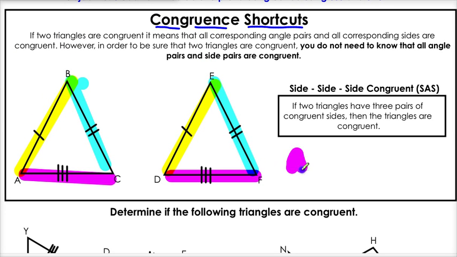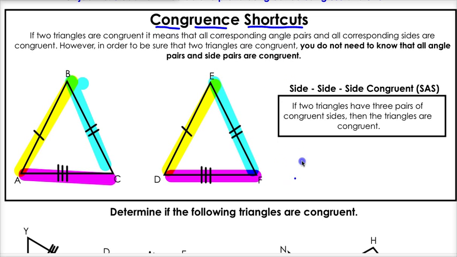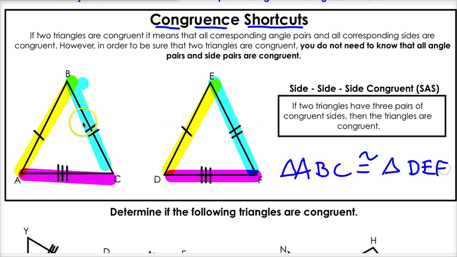I would say that triangle ABC is congruent to triangle DEF. And all I needed to know was that there are three congruent sides. If there are three congruent sides, then the triangles are congruent.